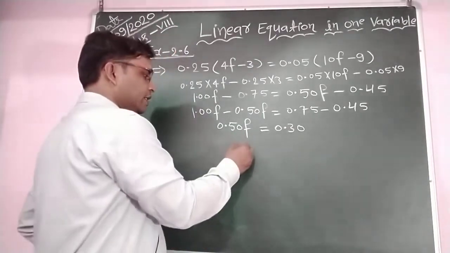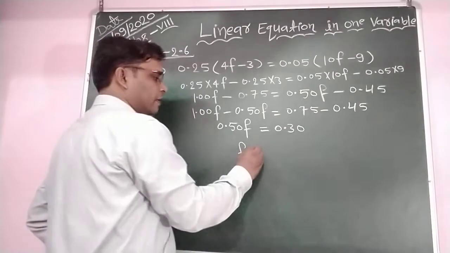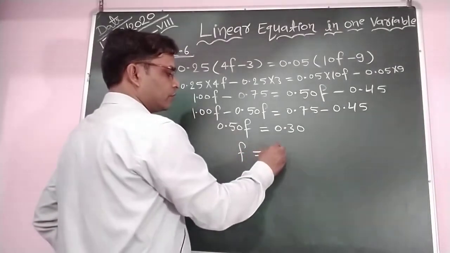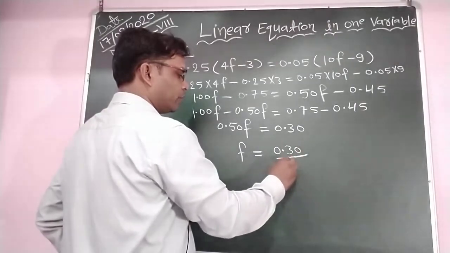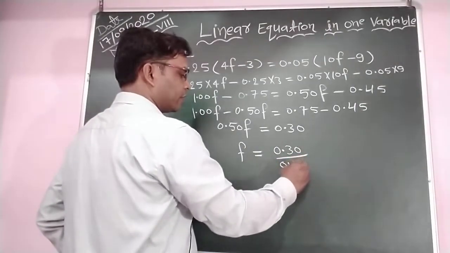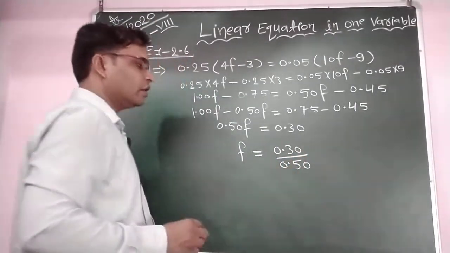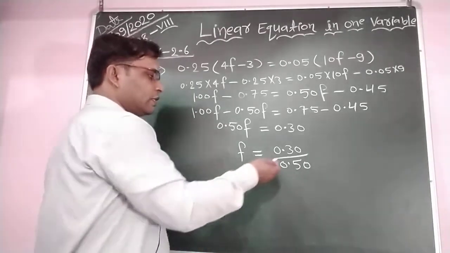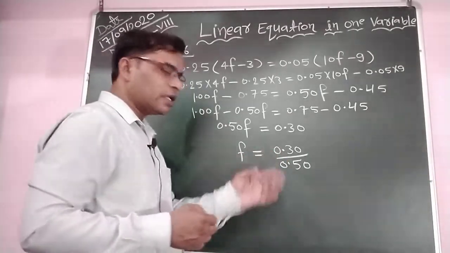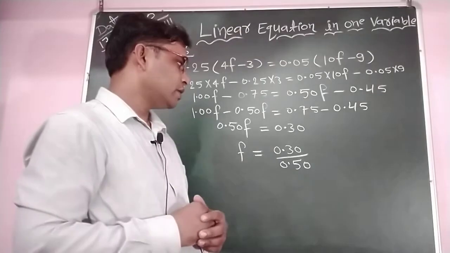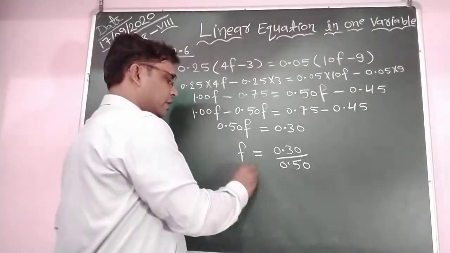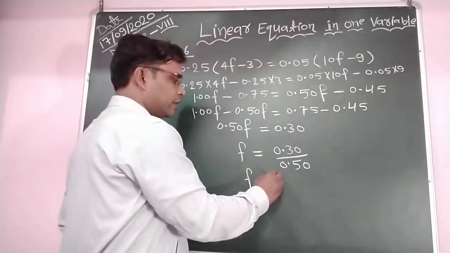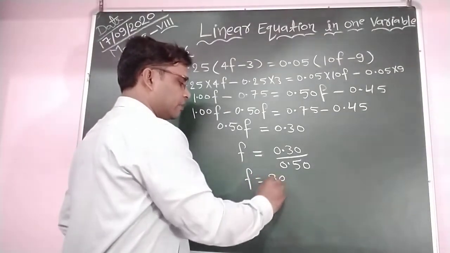So we can write f is equal to 0.30 by 0.50. If you multiply numerator and denominator by 100, then you can remove the decimal. So you have 30 by 50.